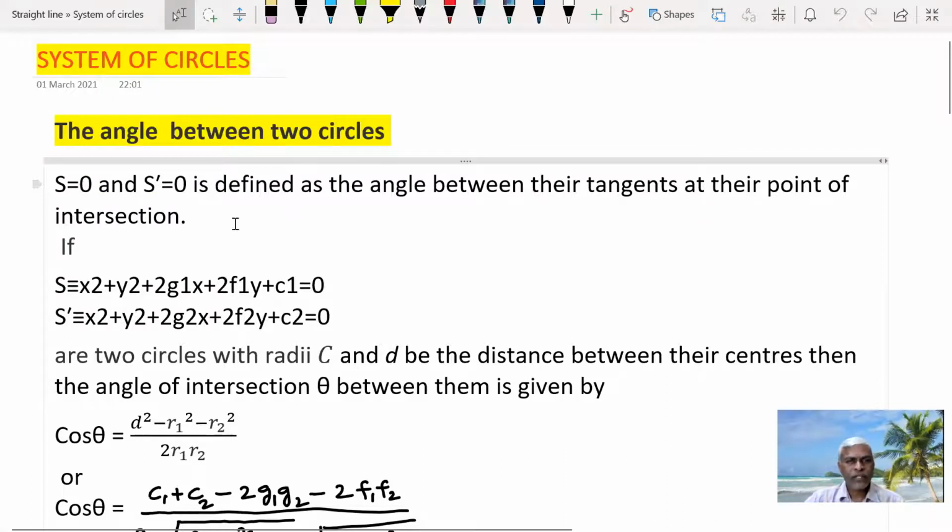The angle between two circles, రెండు వృత్తాల మధ్య కోణం.